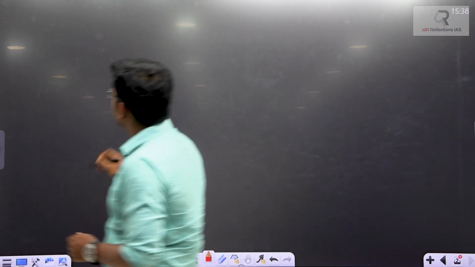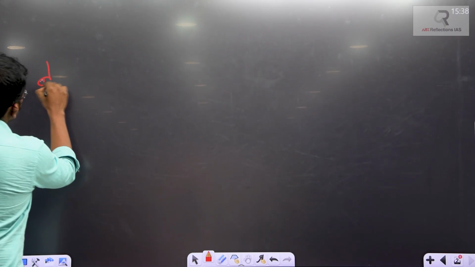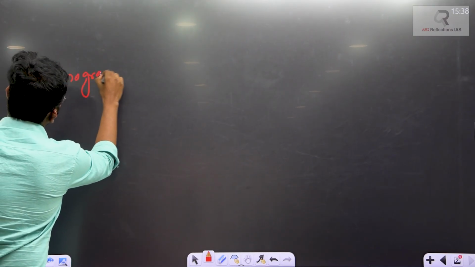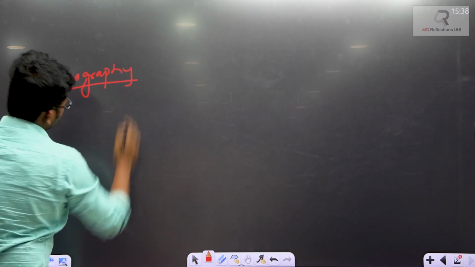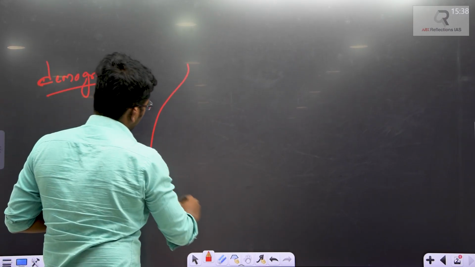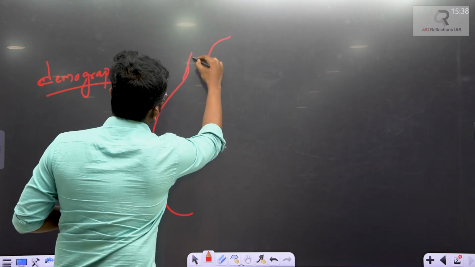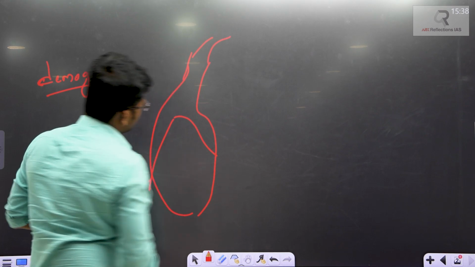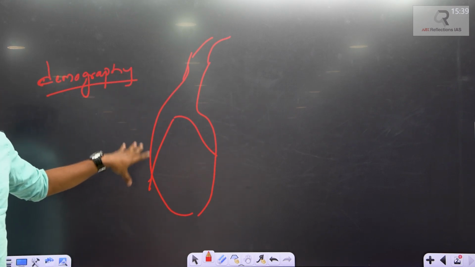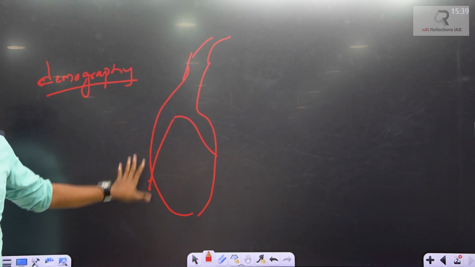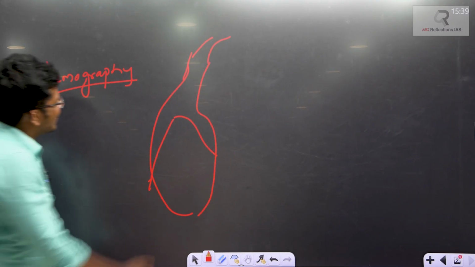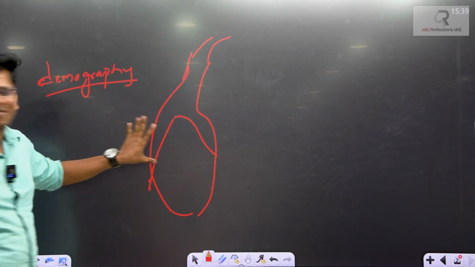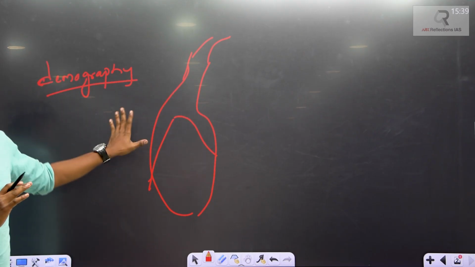What is the demography? If you think, this looks more like a brinjal, but still it's a Sri Lankan map. It's okay, just think for a moment that it is Sri Lanka.